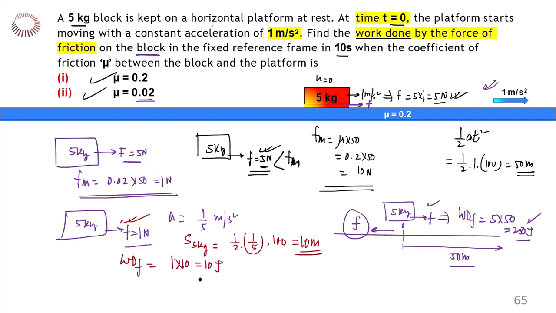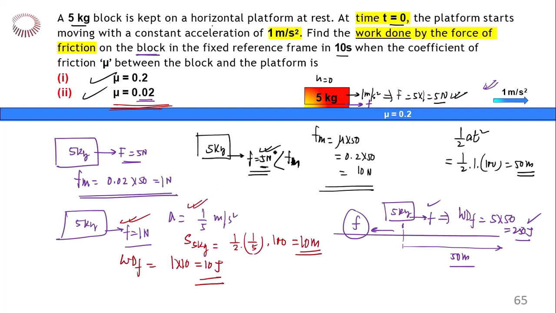Whenever I reduce the friction coefficient from 0.2 to 0.02, the work is also going to reduce. Why? Because in the first situation, friction of 5 Newton is possible, since that number is less than the limiting value. But in the second situation, the requirement of friction is 5, but 5 cannot be given, so I am giving the 1 Newton friction force, and the corresponding acceleration is 1 by 5.